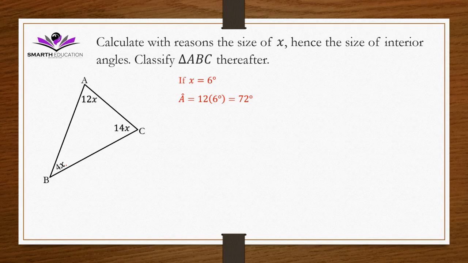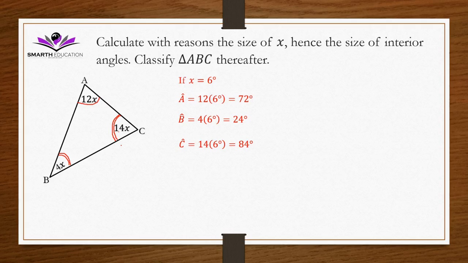It means angle A is 72 degrees. Angle B is 24 degrees. And then angle C is 84 degrees. These are the sizes of the interior angles.